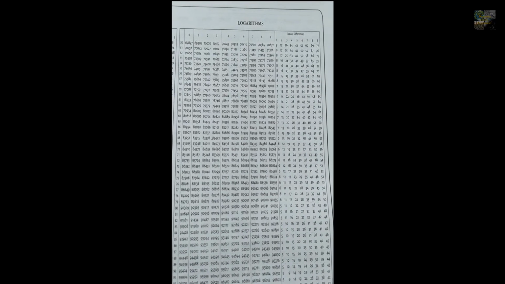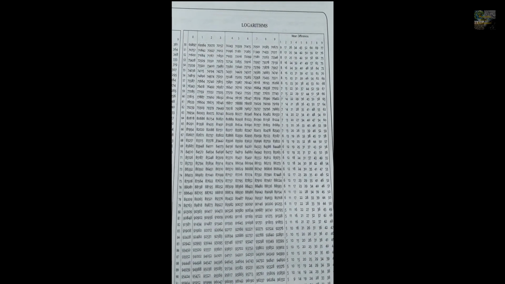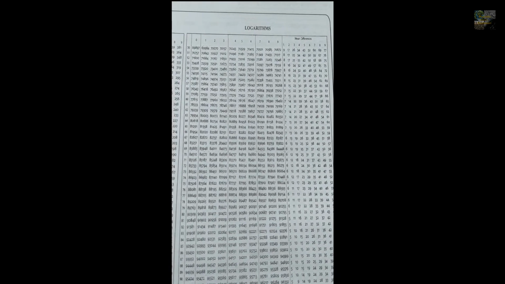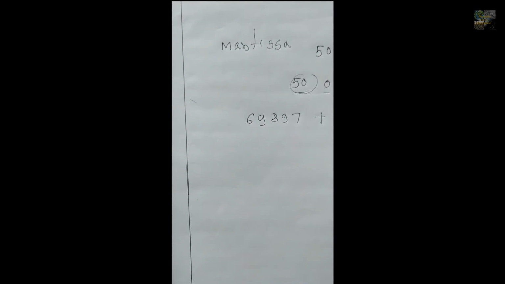So I am going to the standard log table, and you can see that the mean difference is displayed here on the right hand side. So 50 is the row, and for the 50 row, the mean difference for 2 is 17. So I can write 17.